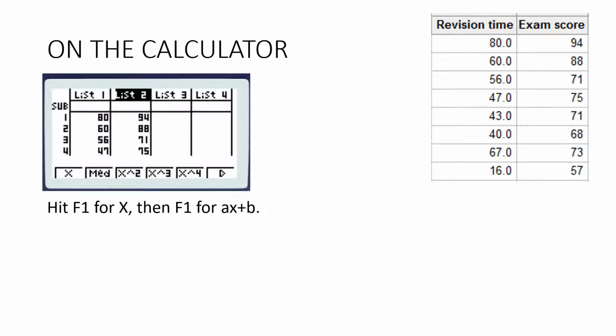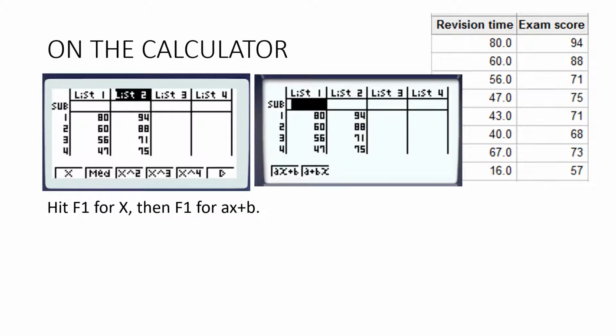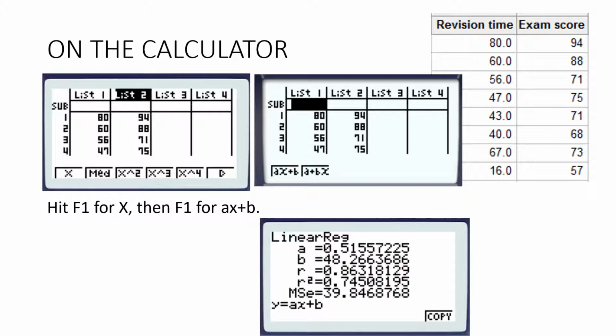Then you hit F1 for X. And then it'll come up with one of these two. It doesn't matter which one you use, it'll just change the form of the line. It's not going to matter for R at all. So I would suggest you always use F1 for AX plus B. So we go there, and we can see R here. So it's 0.863.